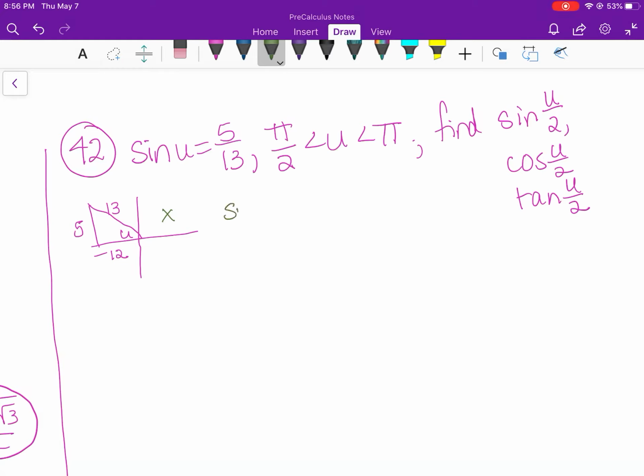So I'm going to go ahead and find the sine of u/2. I'm going to use the positive square root. And if I look at my formula sheet, it's 1 minus the cosine of u, over 2. And the cosine from my triangle is -12/13.